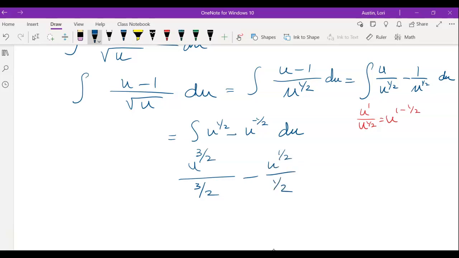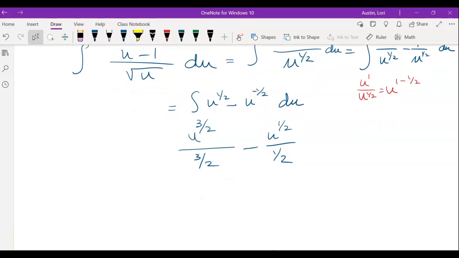You agree so far? That's just basic integration with fractions, though. You add 1 and divide by your new exponent. Okay? I'm going to clean this up. Yeah, I know there's a plus C. We'll put that in. And I'm going to clean this up.